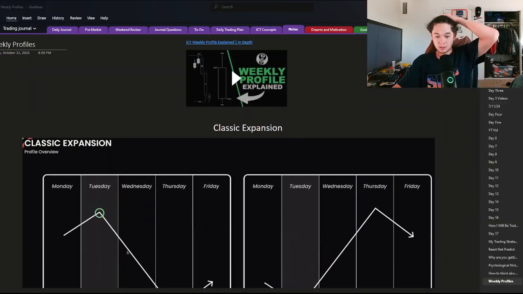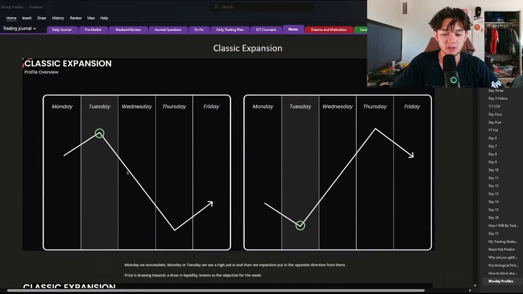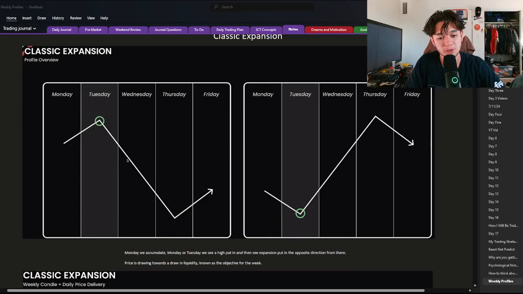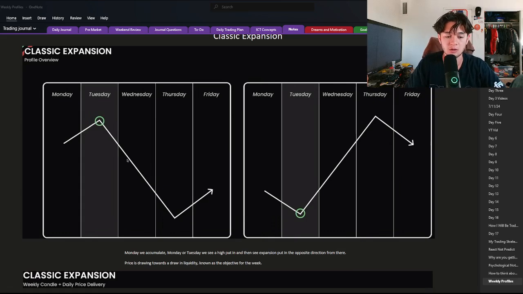So firstly, classic expansion. We make a high on Tuesday. We accumulate on Monday, creating liquidity. We then sweep the high on Tuesday, creating the Tuesday high of the week, and then we expand towards the weekly draw on Wednesday and Thursday, and then we'll also get a TGIF, Thank God It's Friday model, on Friday.